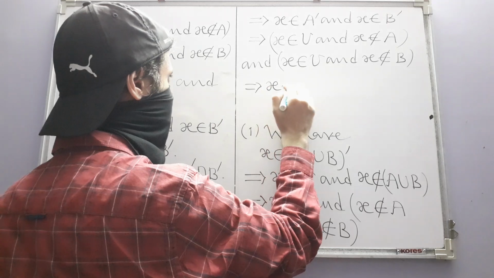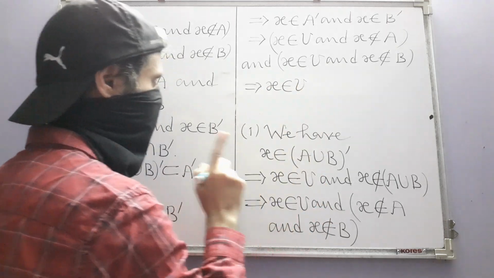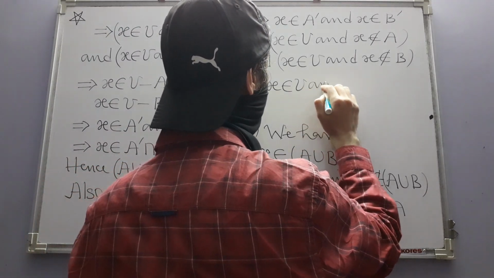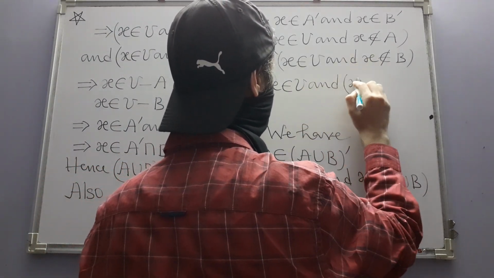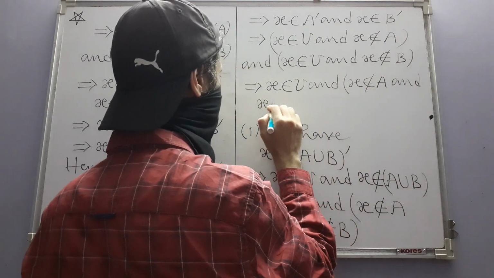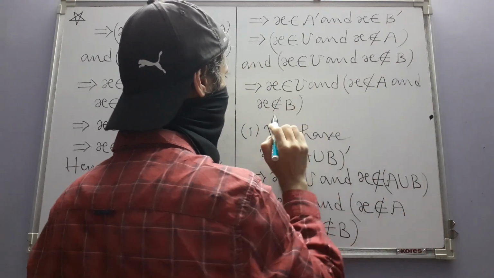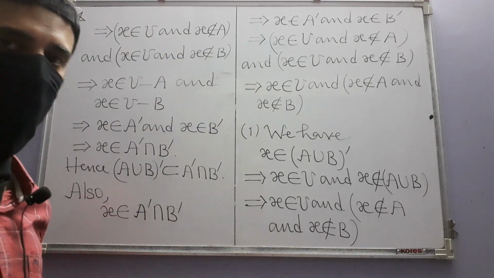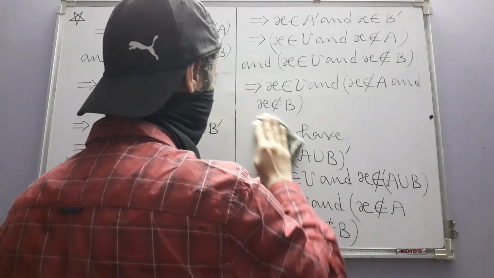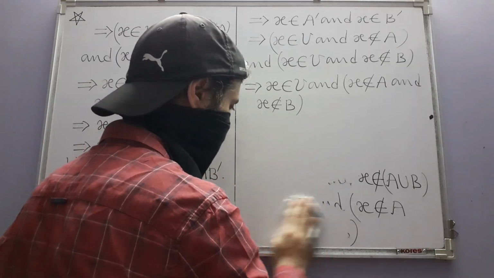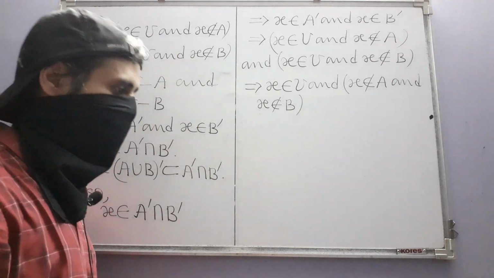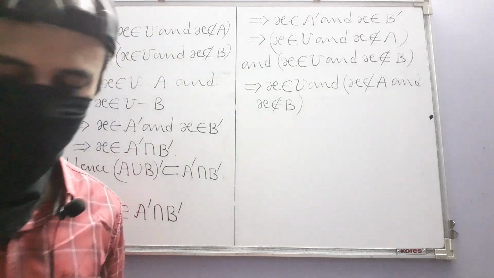Now, this can be written more simply like this. X belongs to U. X is always in U. And X is not in A. And X is not in B. That means X is in neither A nor B. And note that in writing these steps, there is no confusion.